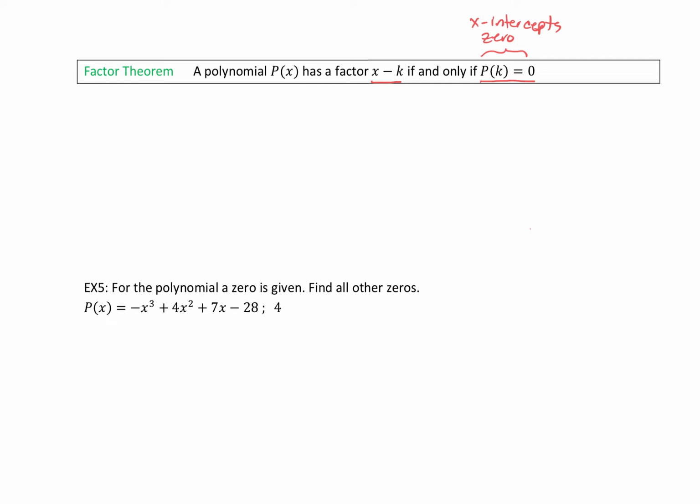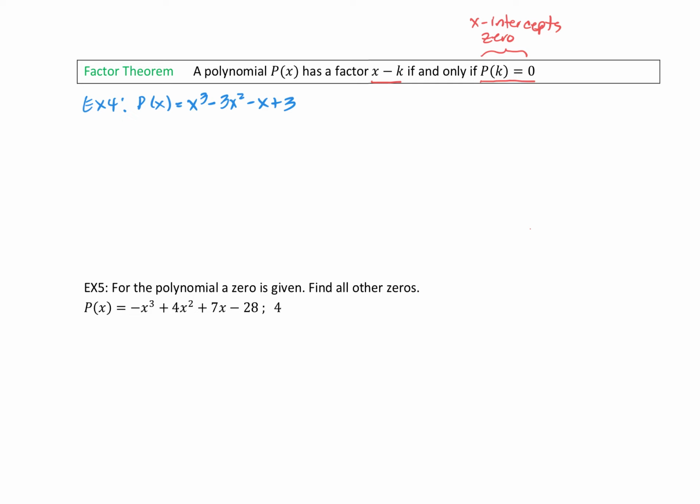So the 0 of a function is the x-intercept. Let's go ahead and look at example 4 again. I had talked about this earlier. Remember that p of x is equal to x to the third minus 3x squared minus x plus 3.